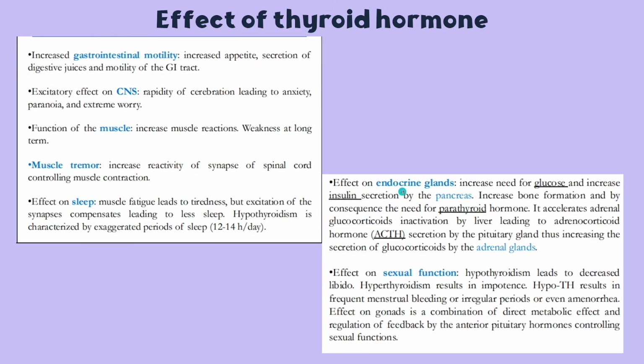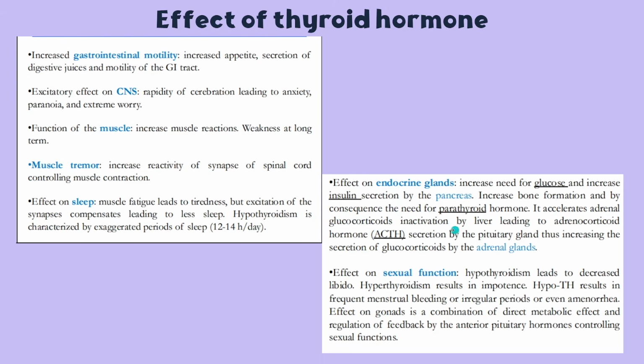Now, the effects of this hormone on the endocrine glands: we already mentioned the parathyroid due to bone formation, and the pancreas due to the glucose uptake and insulin secretion. One thing we did not mention is that it would affect the liver by accelerating the inactivation of adrenal glucocorticoid. So the inactivation of adrenal glucocorticoid is increased.